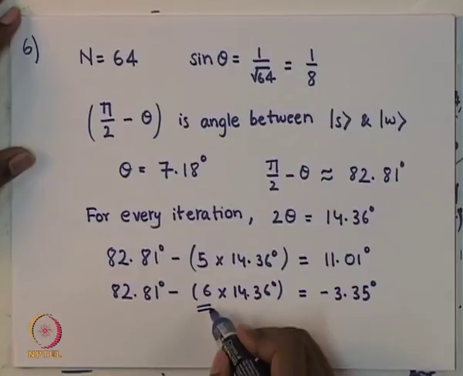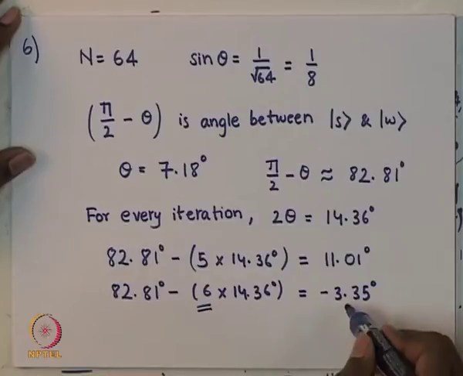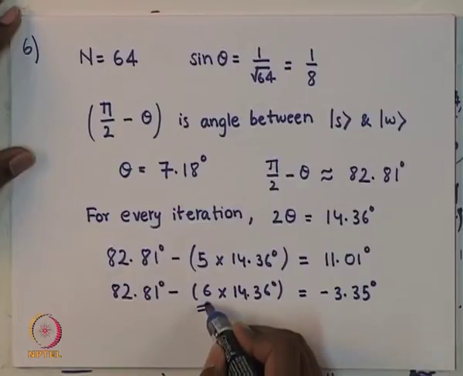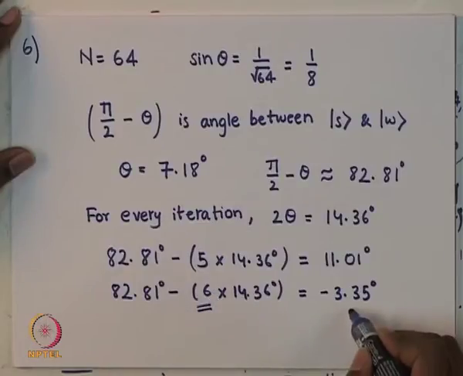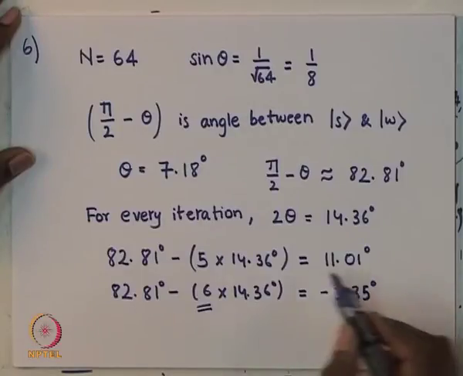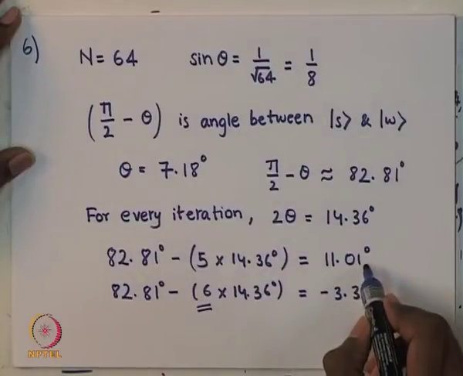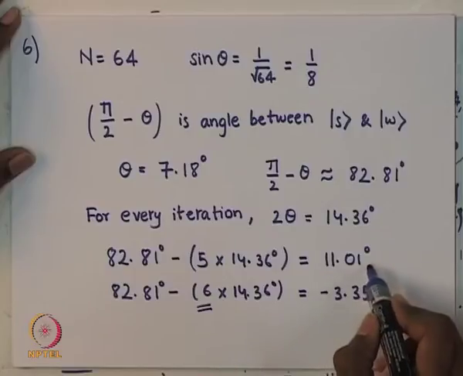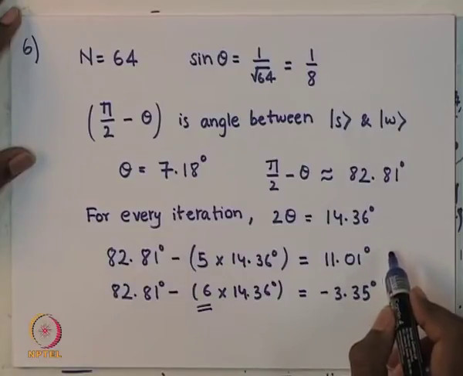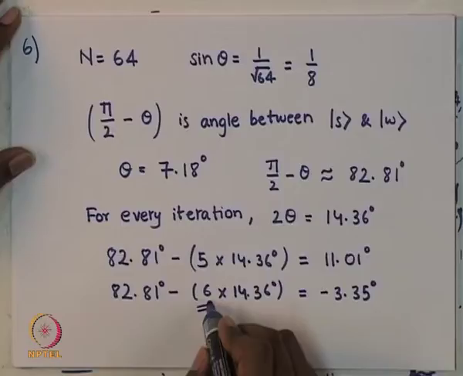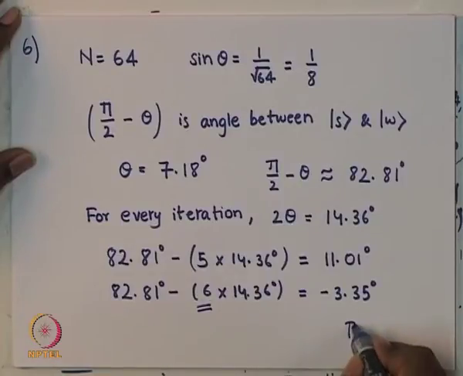In 6 iterations, we were very close to the marked state. Suppose we take the number of iterations as 7, we again need to subtract 14.36 from this value. So we are going far from the marked state. Suppose we take the value as 4, then we need to add 14.36 to this value. Again, we are going away from the marked state. So 6 is the optimum number of iterations. So the answer is 6, which is option B.